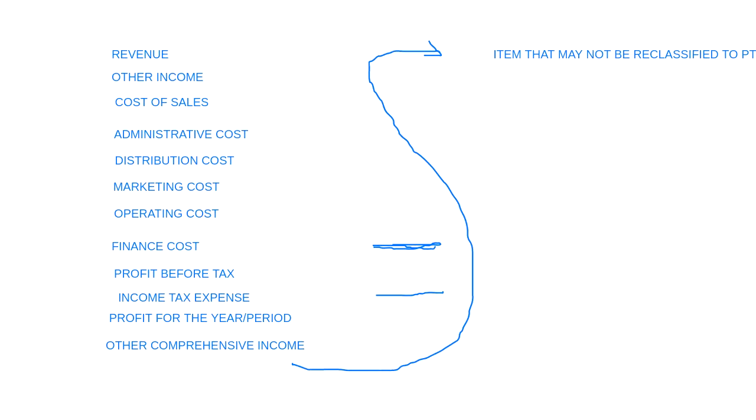I'm going off the page there again. My apologies for that. I'm going to start a little bit more to the left now. Then we go to another category, an item that may be reclassified to profit or loss. So we're going to give it a subheading again, item that may be reclassified to profit or loss, colon.